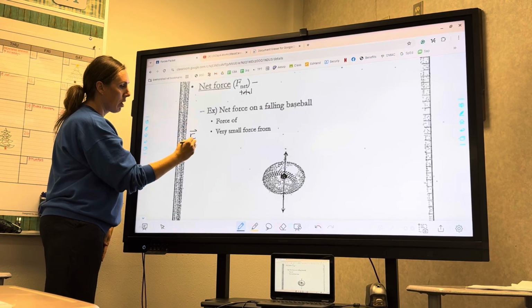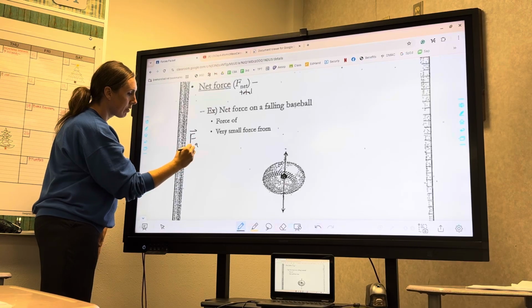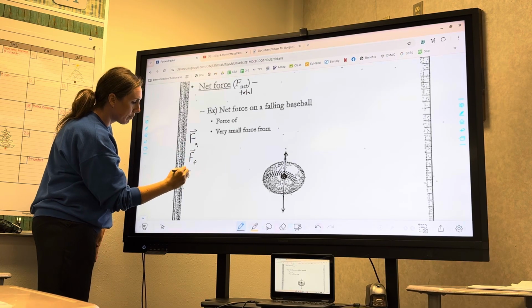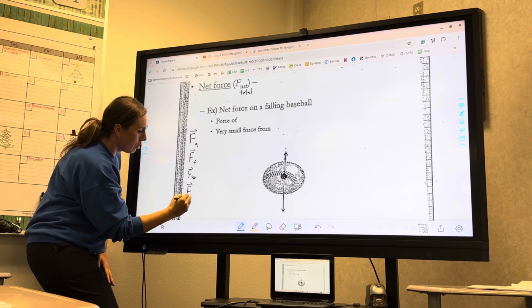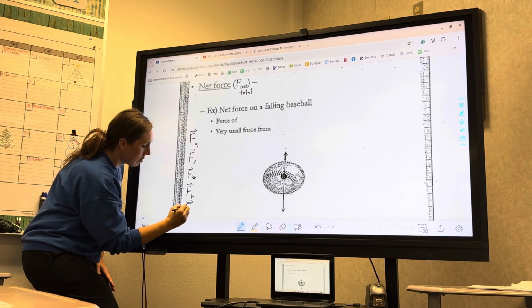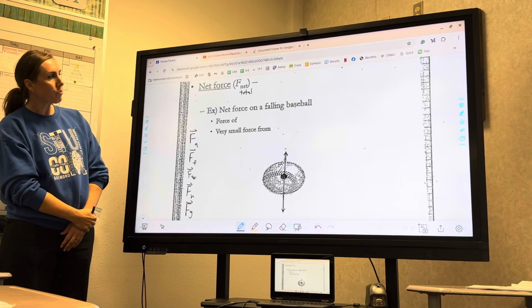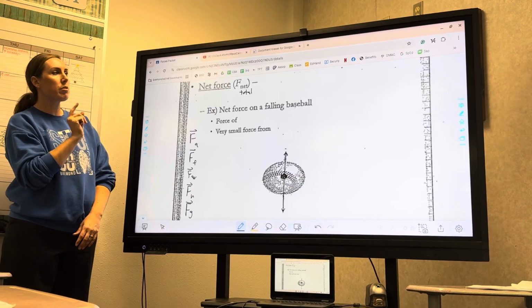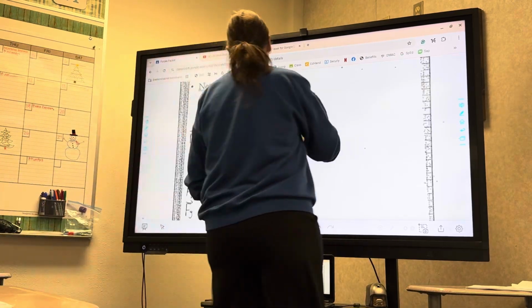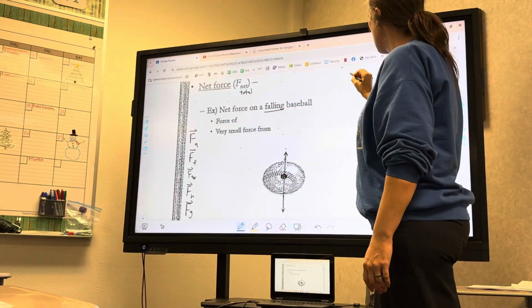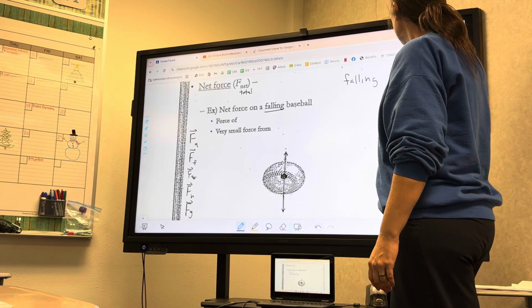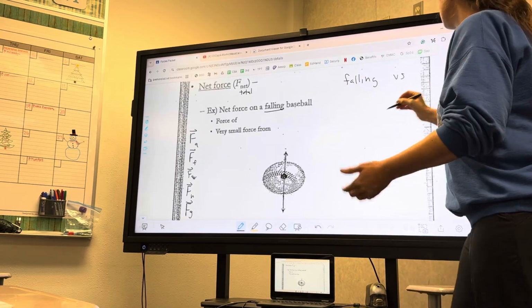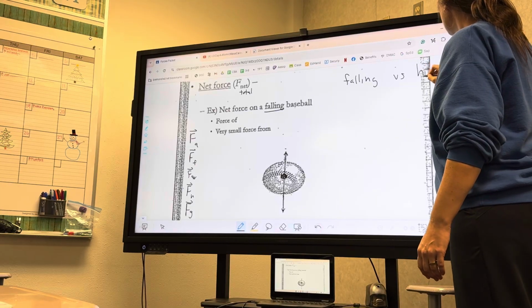So I'll do applied, friction, air resistance, normal, gravity. Okay, so the net force of a falling baseball. Okay, so keyword is falling, and we'll talk about falling versus, we're going to say hit or thrown.